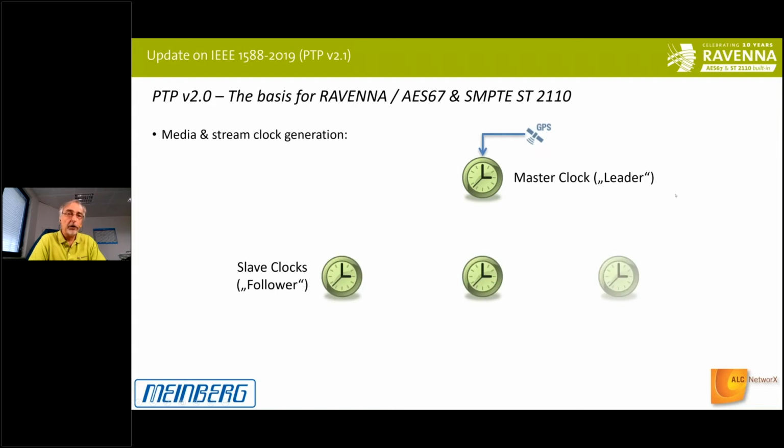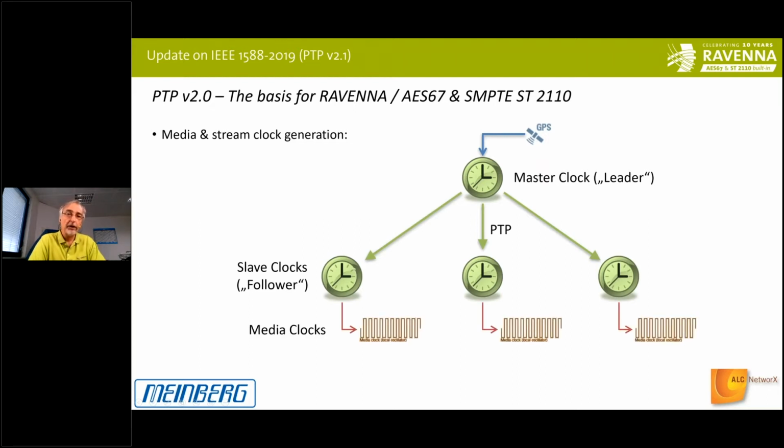And we have slave clocks, or followers would be the new term, which are synchronized using the PTP protocol. And from those synchronized local clocks, media clocks can be generated, basically any media clock, but as long as all devices generate the same media clock, those media clocks are absolutely precise in terms of phase and frequency. So they are identical, at least with respect to the requirements of the particular applications. That's the principle and how PTP is applied in RAVENNA, AES67 and 2110.